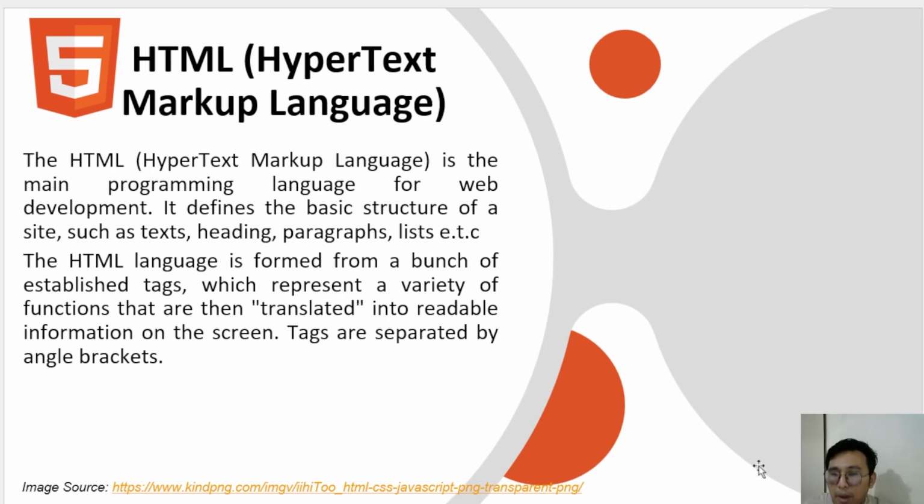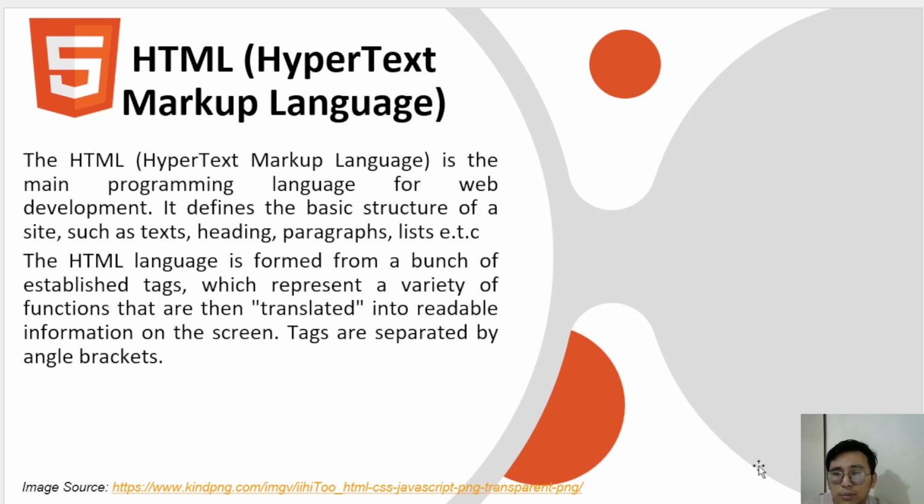HTML, hypertext markup language, is the main language for web development, but in this case, we really don't say that it is a programming language, but more a markup language, a kind of code where we define the content on the internet.